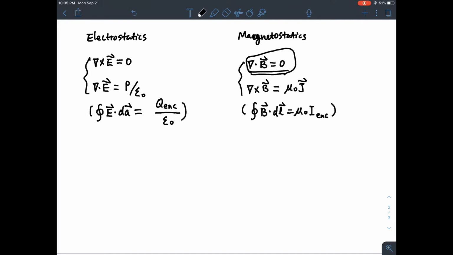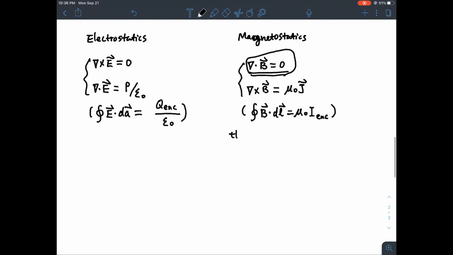So the magnetic field lines often form closed loops, or extend out to infinity. Not like electric field lines, they just curl around. In other words, there are no point sources for the magnetic field.